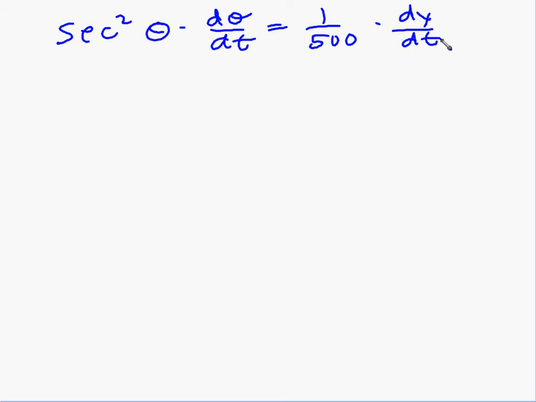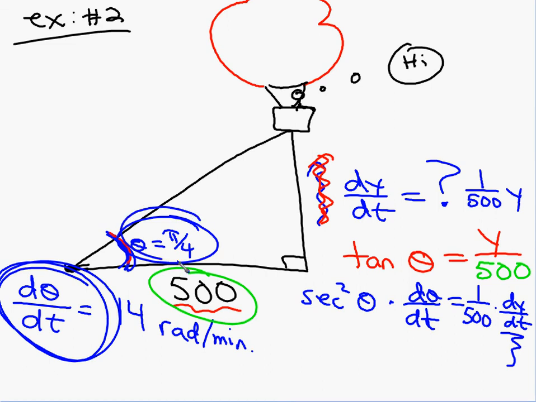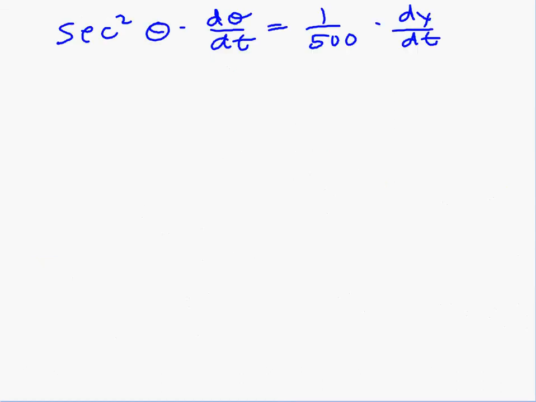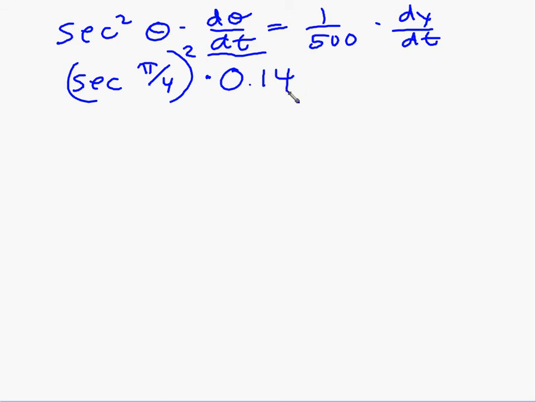All right? So I know that at the instant that we're talking about, theta is pi/4. So I can make this the secant of pi/4, the quantity squared, times d theta dt, which we were told in the problem is 0.14, equals 1/500th times dy dt.